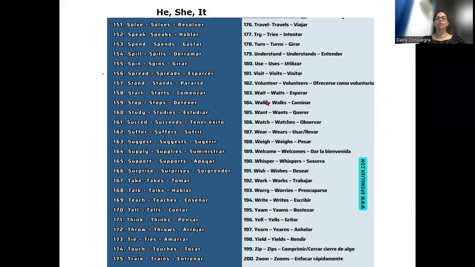In the other column, travel, try, turn, understand, use, visit, volunteer, wait, walk, want, watch, wear, weigh, welcome, whisper, wish, work, worry, write, yawn, yell, yearn, yield, zip, zoom, like zoom.